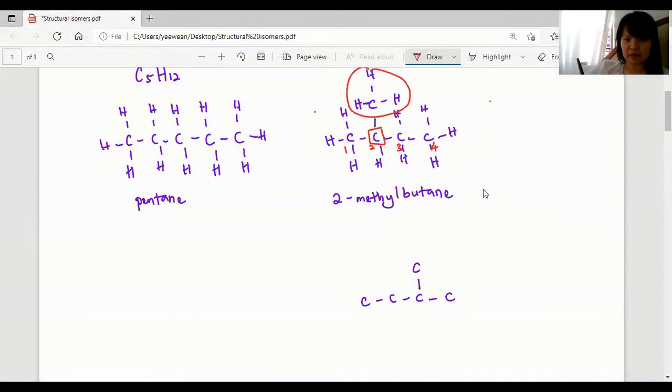And now I'm moving it to the next carbon. So if I were to number the carbon from the left, it would be number 3. So in my mind, I'd be thinking 3-methylbutane, but that doesn't work because when we name it, we will put the substituent at a lower number. So I'm supposed to count from the right, 2, 3, 4. So if I have a 3-methylbutane, it's actually a 2-methylbutane. So there's no such thing as a 3-methylbutane.